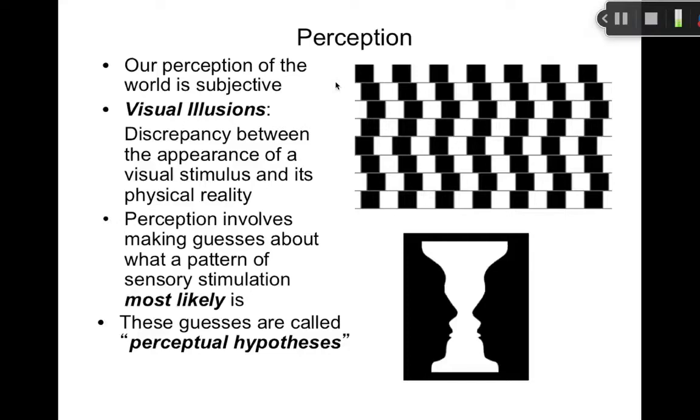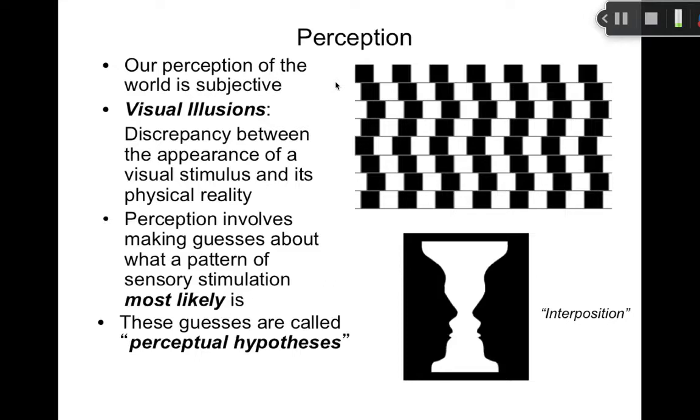But these guesses, like an experimenter makes a guess about what the outcome of their study is going to be, we as information processing machines are in the business of making guesses about what image out there, what actual physical stimulus there is responsible for the stimulation of our sense organs, and these guesses are called perceptual hypotheses.